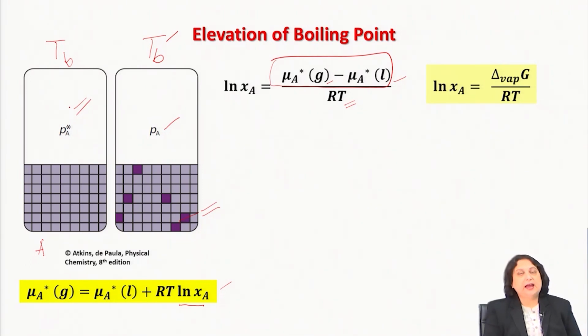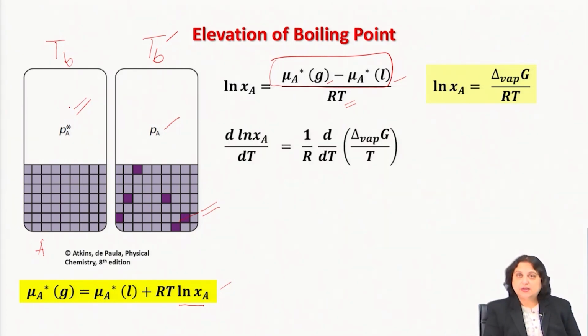So now that I have ln Xa given in terms of delta G vaporization by RT, I can carry out this differentiation. Please remember, I am carrying out this entire experiment without any change in the pressure in which I have placed my system.